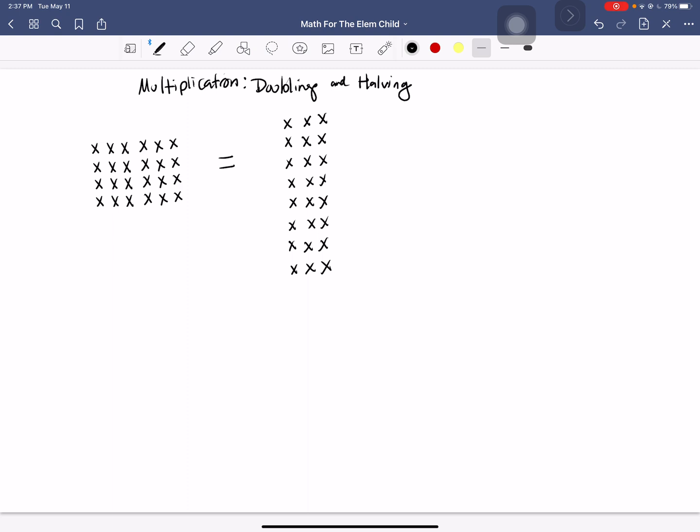So if we wanted to split, if we wanted to move the one on the left, which is a 4 by 6 array, we can split it down the middle and move it like this.